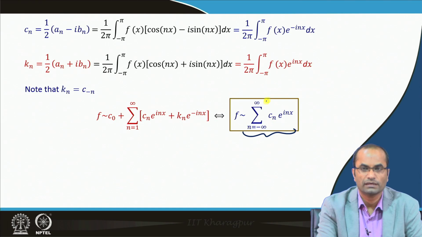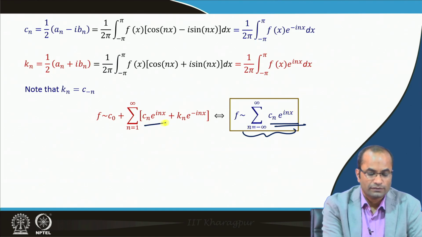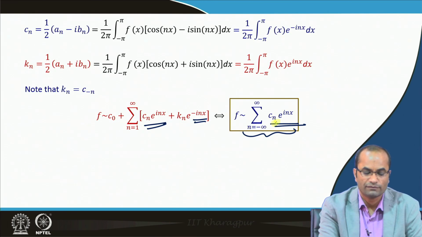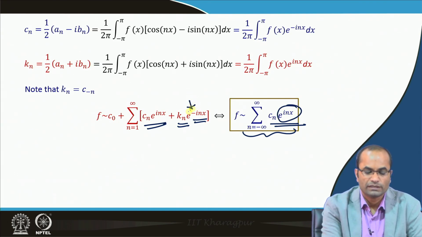So, c_minus n and c_plus n, and e power i n x will also take care automatically of the negative values. We will have negative values for n, and automatically e power i n x when n is a negative number will be compensated.